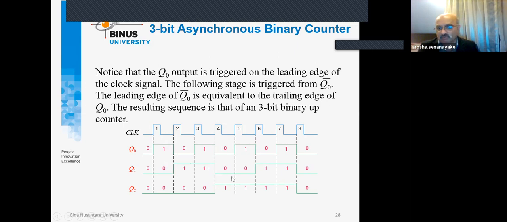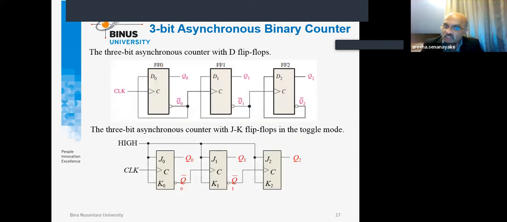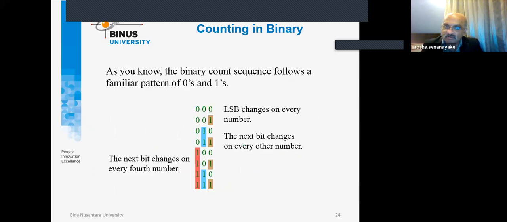Likewise, I believe you should be able to understand without any doubt. In this case, what we understand is how the counter started, starting from 0, 0, 0 to 1, 1, 1.